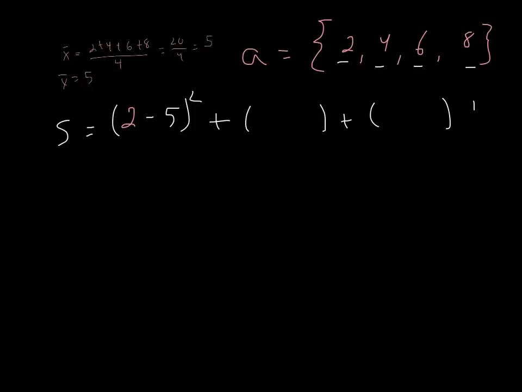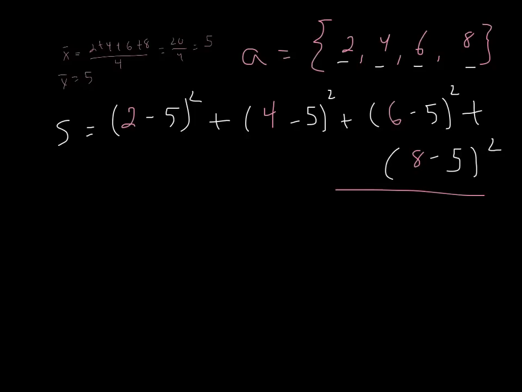So I'm just going to set them up here, and I'm a little tight for space, so it's 1, 2, 3, plus this last one I'm just going to squeeze in at the bottom. All of these things are going to be squared. They're all going to be minus 5, right? Because we're going to keep subtracting the mean from each of the 3 remaining data values. So 4 minus 5 all squared, and 6 minus 5 all squared, and 8 minus 5 all squared.